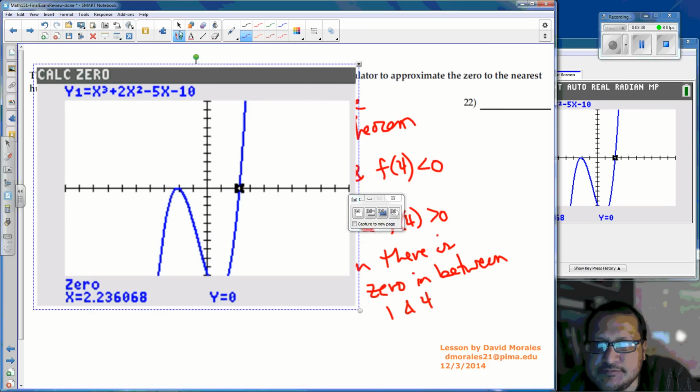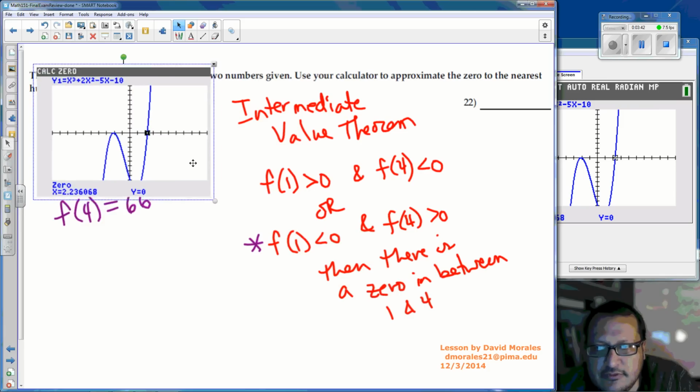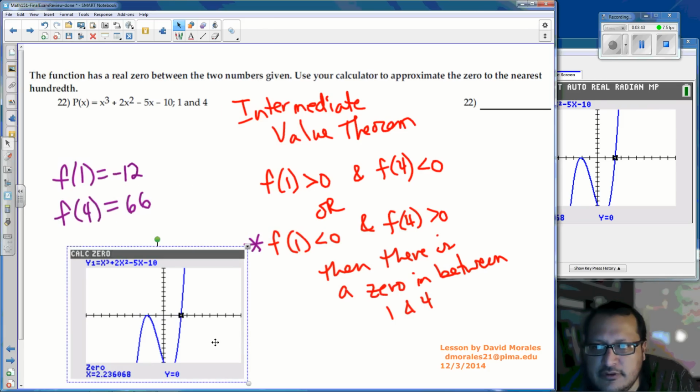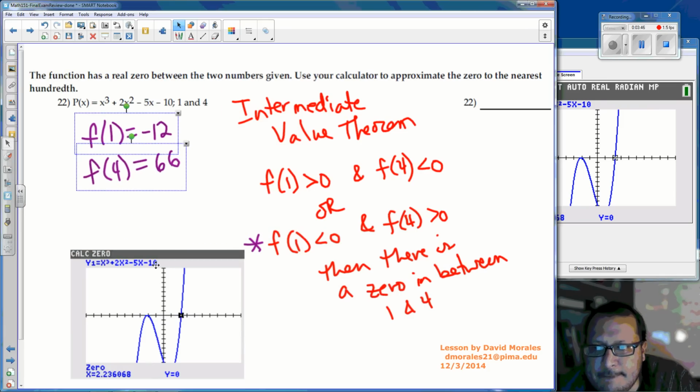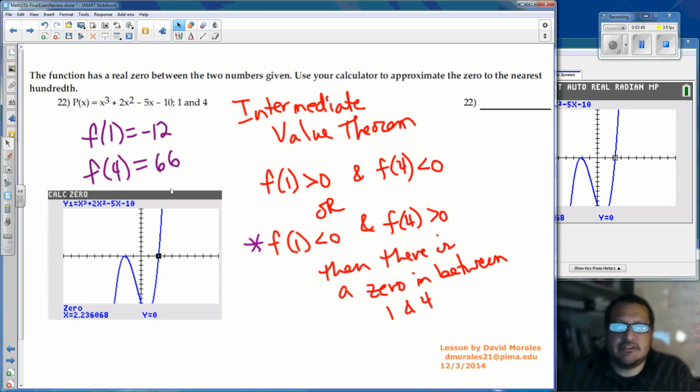So our answer here is, to the nearest hundredth, 2.24.